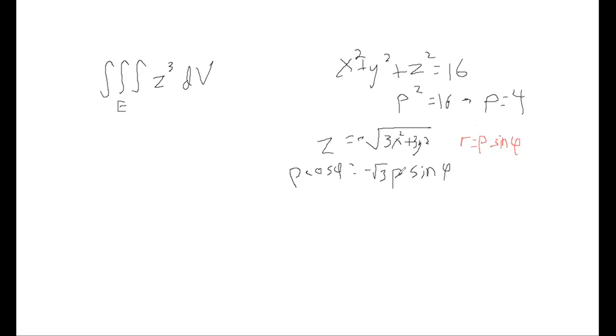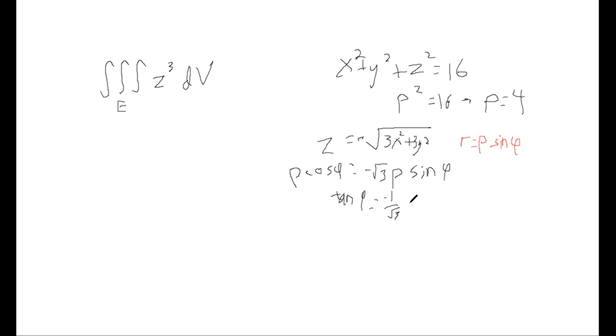And what this ultimately means, if I isolate my phi, if I try and get my trig functions on one side and everything else on the other, is that tangent of phi is equal to negative 1 over root 3.